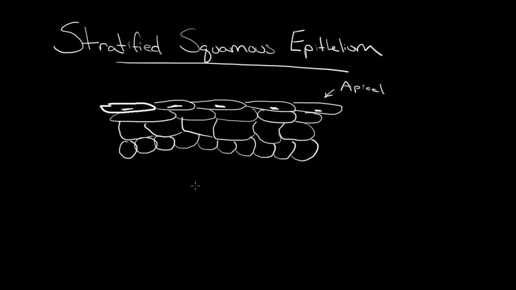Now, the function of stratified squamous epithelium is protection. We find that on the external surface of the body, these cells that are short and flat like this, they're largely dead. They're dead flat sacs full of keratin.